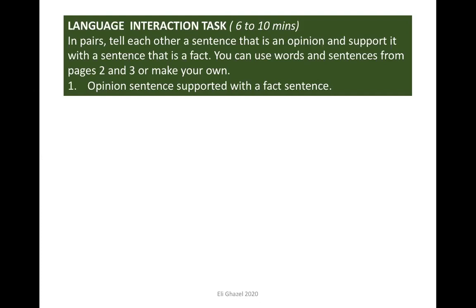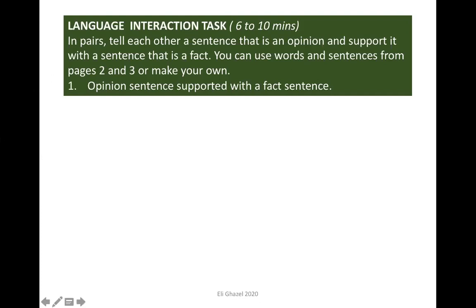Why? Because both students can see what they're going to say next. Interaction is when you don't expect what another student is going to say or reply. And if you want to see more of this, please go to the YouTube channel and see the other lessons of Mega Goal and Super Goal, how the interaction is changed from level to level.